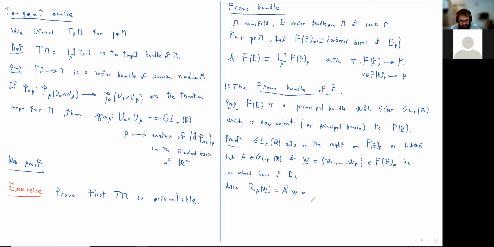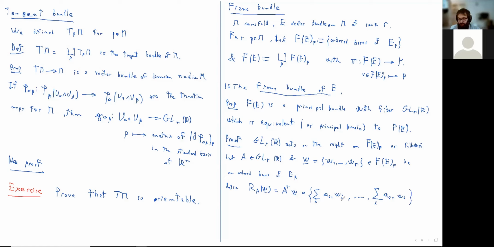So what we mean is the collection of vectors, because I need to get a new collection of vectors, sum over i of a_i1 w_i, comma, comma, comma, sum over i of a_iR w_i.